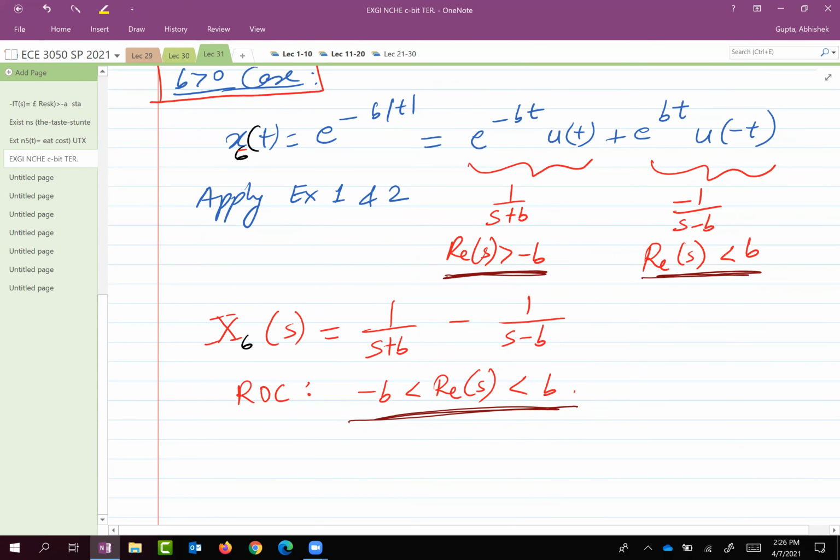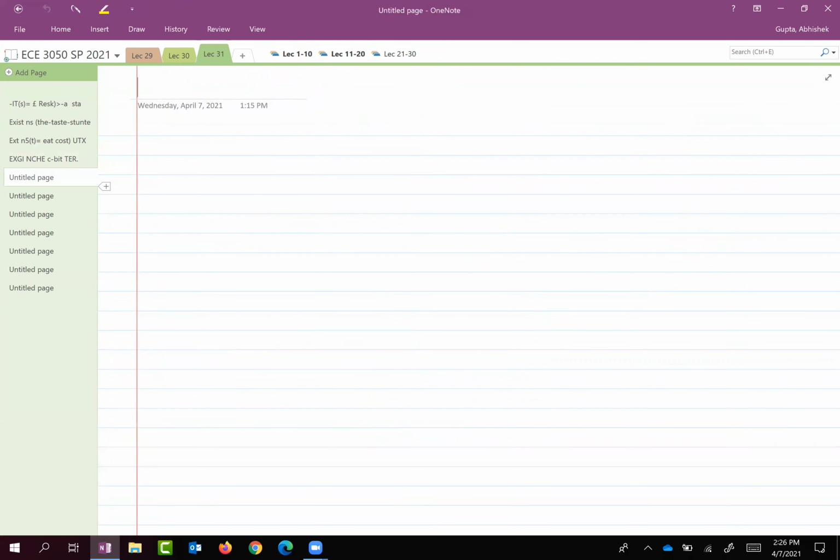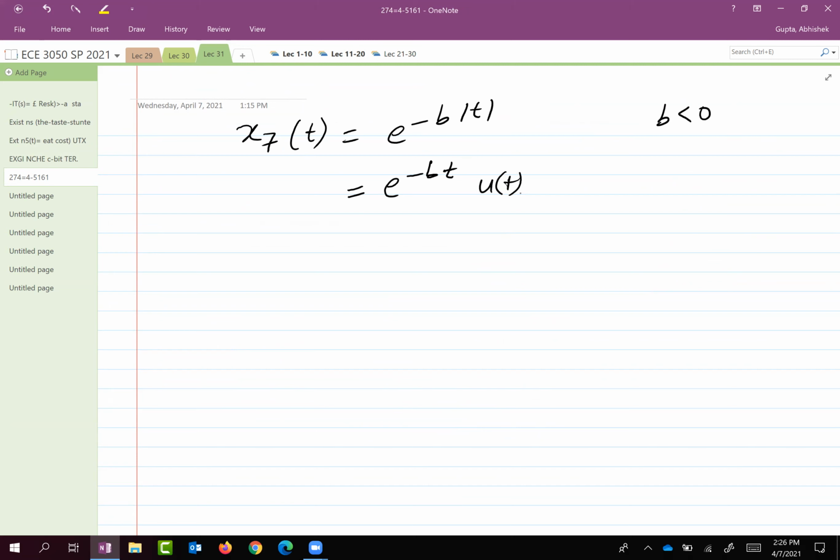Let's talk about the seventh example, which is b less than 0. X7 of t, b is less than 0. So this is e raised to negative bt ut plus e raised to bt u minus t.